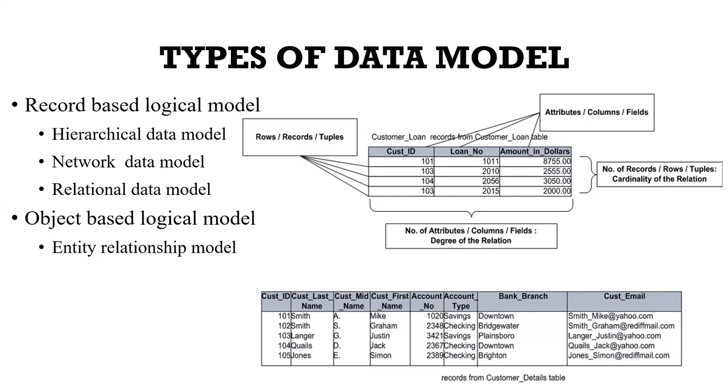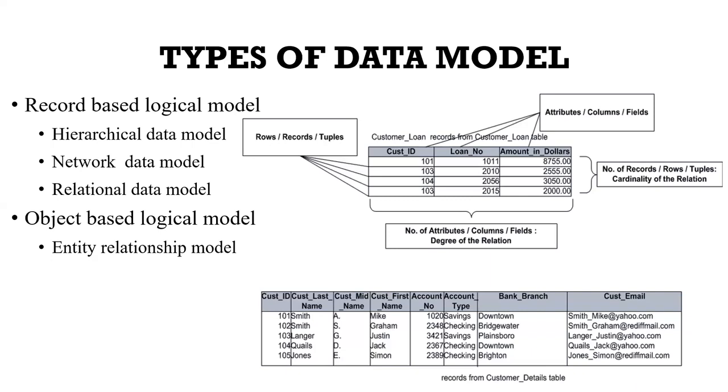In the second table, you can see the customer details table. It has the entire structure of customer ID, customer last name, customer middle name, customer first name, account number, account type, bank branch, and customer email. This is how a relational data model looks. The entity relationship model has different types of structures.